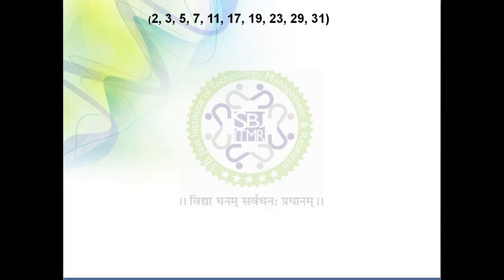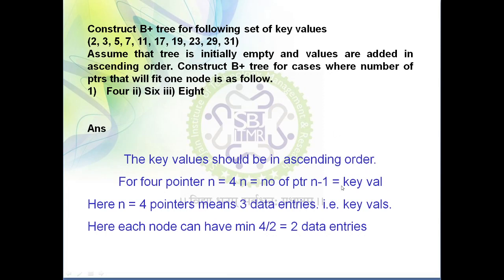Let me explain the meaning of this. Here I can see the number of pointers: 1, 2, 3, 4. How many key values can it hold? 1, 2, 3. That's why it is n minus 1. So n is the number of pointers and the number of key values is n minus 1. Here n equals 4 means it can hold a maximum of 3 data entries.